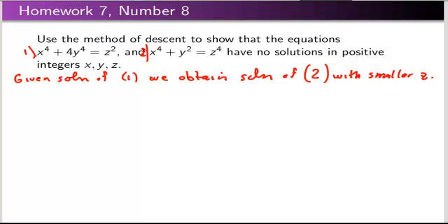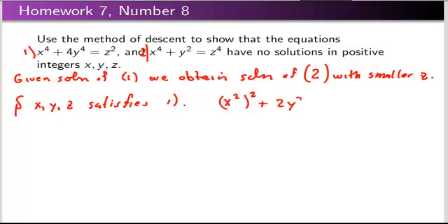So suppose x, y, z satisfies 1. Well, that looks an awful lot like a Pythagorean triple, because that would say x squared squared plus 2y squared squared is z squared.